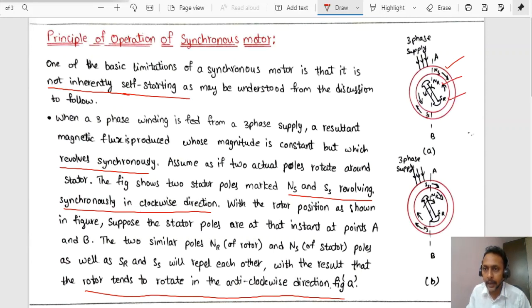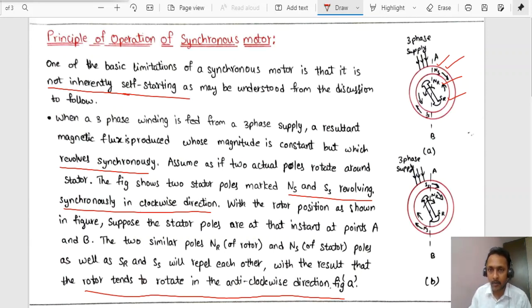Here NS indicates the north pole of the stator, NR indicates the north pole of the rotor. Similarly, SR is the south pole of the rotor and SS is the south pole of the stator. Now, three-phase supply is given to the stator winding.